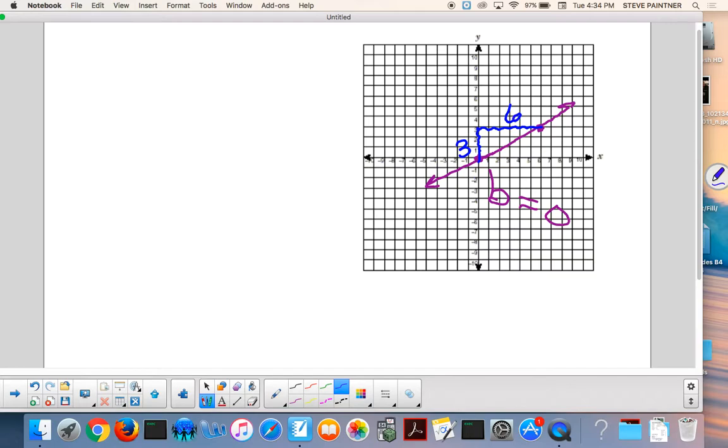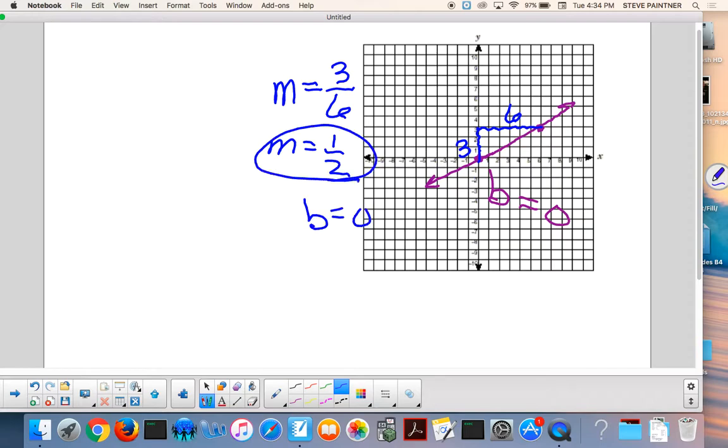So now, rise over run, in this case, the slope is rise 3, run 6, or better yet, 1/2. And the y-intercept is 0.